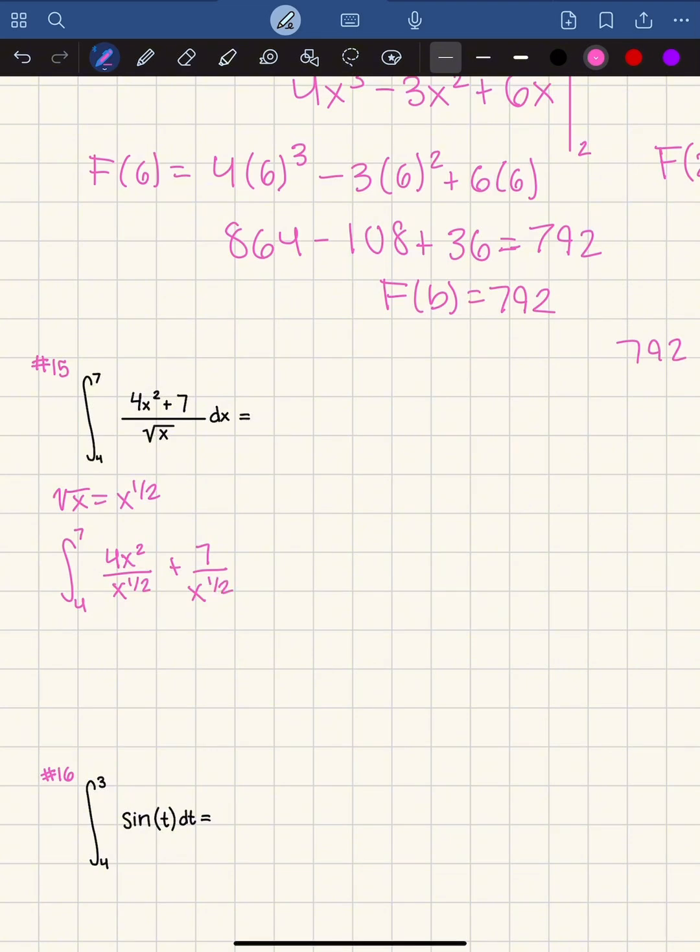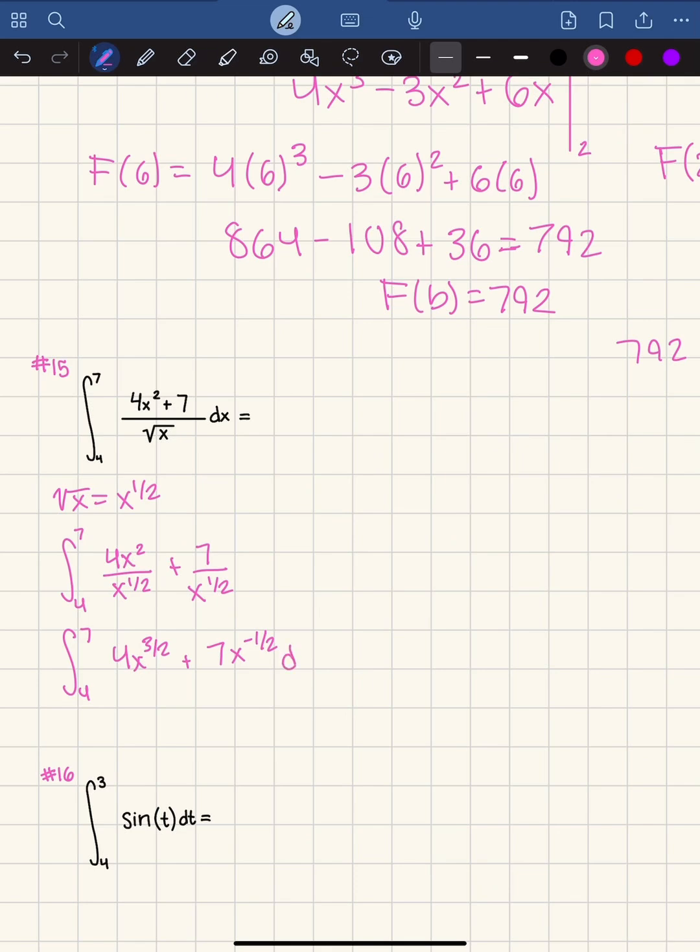And then when you subtract exponents, it simplifies to 4x to the 3 over 2 plus 7x to the negative 1/2.